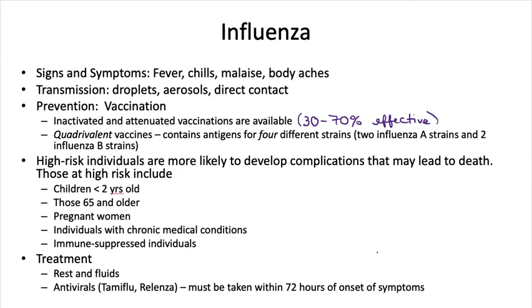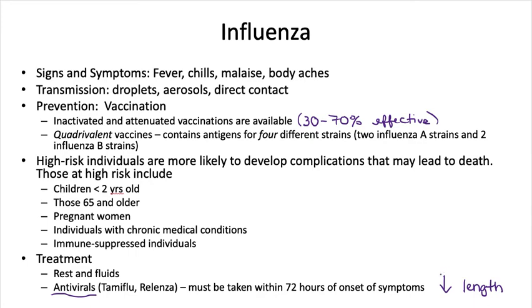Because this is a viral infection, all cases of the flu are caused by a virus, so there's no antibiotic treatment. The only type of treatment you can get is through rest and fluids and letting your immune system just do its job. There are antivirals available which can help lower the length of time that the flu exists, but it's not a cure.